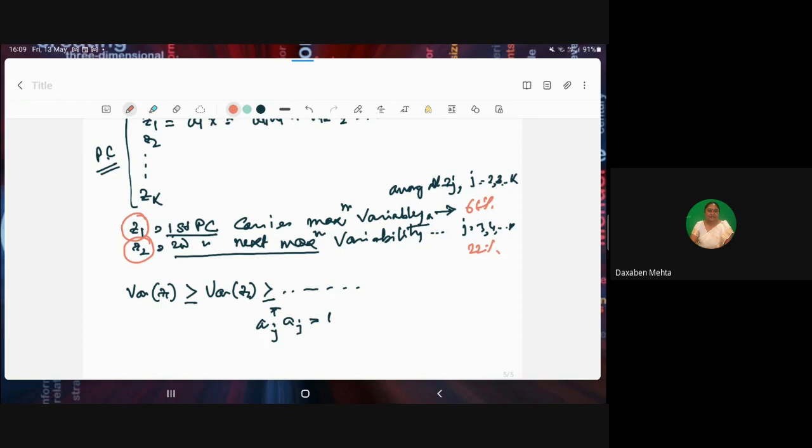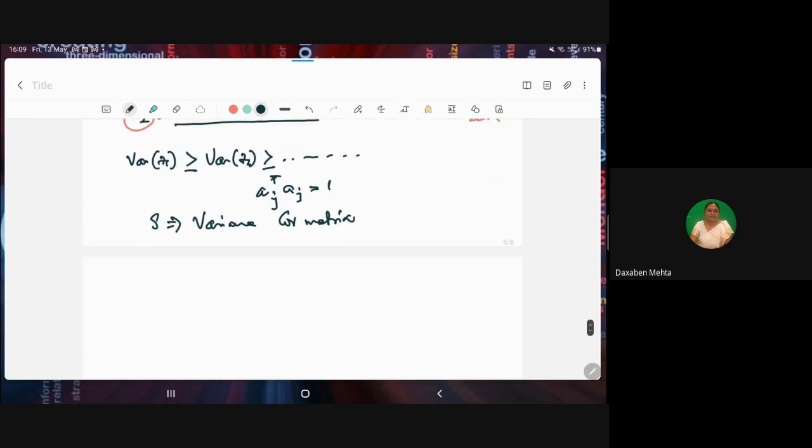If S is the variance-covariance matrix, I'm not going to the calculation, we have to calculate S minus lambda I, and set this determinant equal to 0 for the unknown values of lambda.